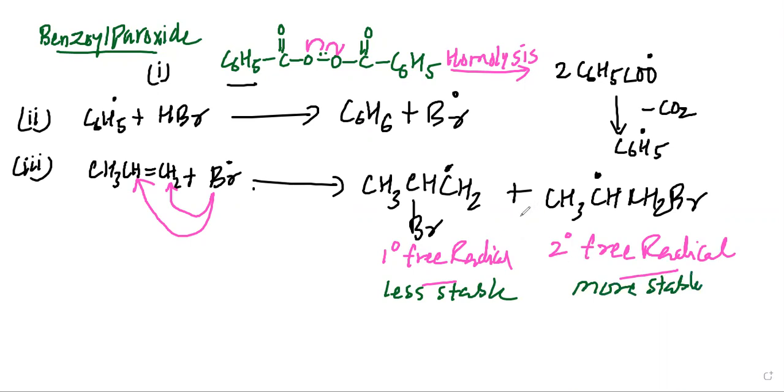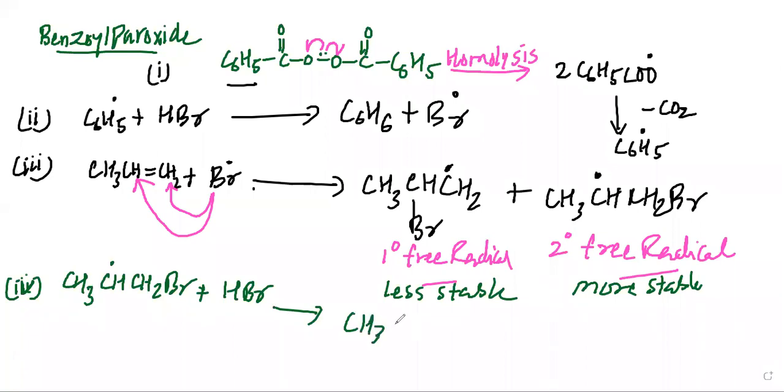And thus, my dear students, what happens? This more stable secondary free radical will undergo the fourth step. In the fourth step, this CH3CHCH2Br free radical undergoes the reaction with HBr, and that finally gives us CH3CH2CH2Br as a major product.